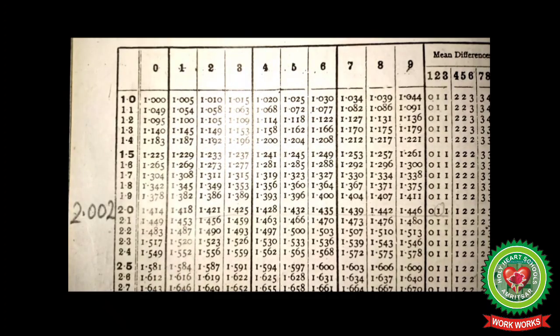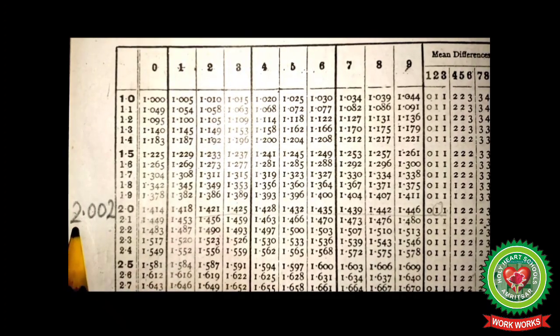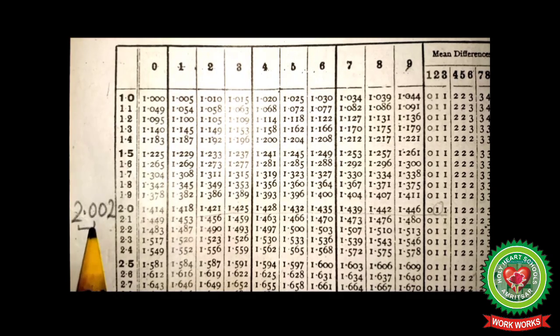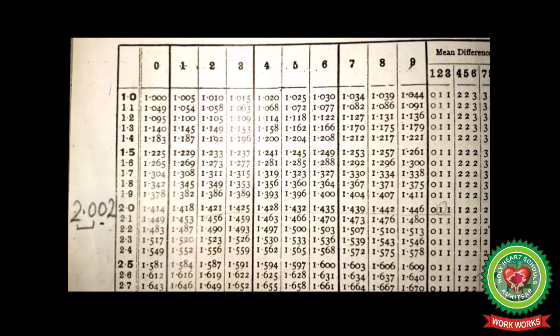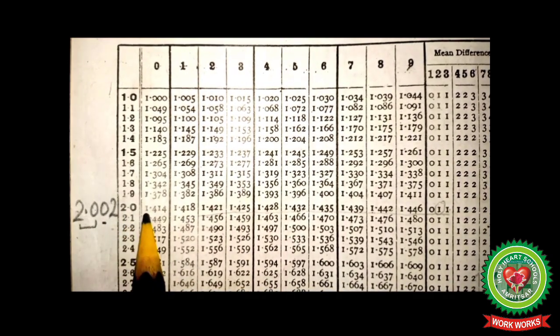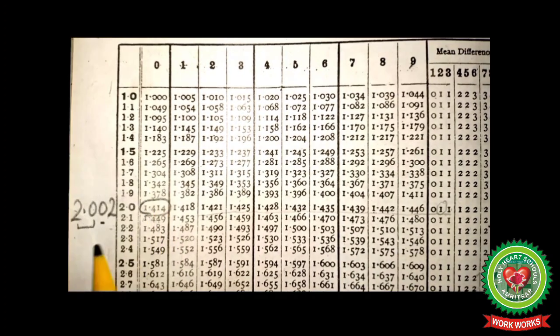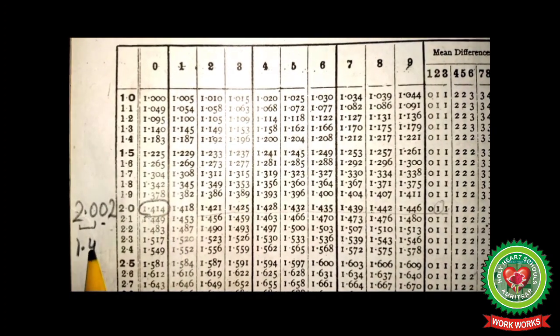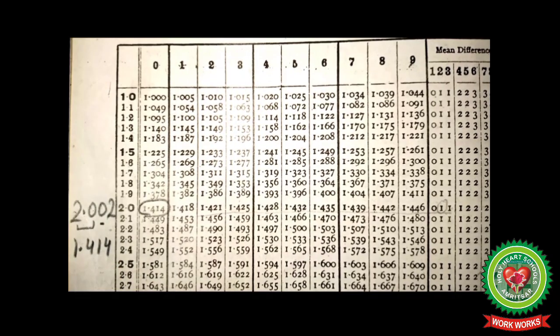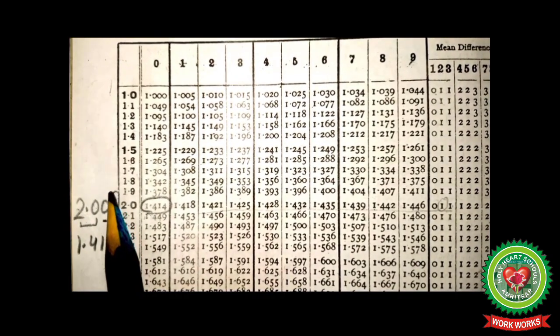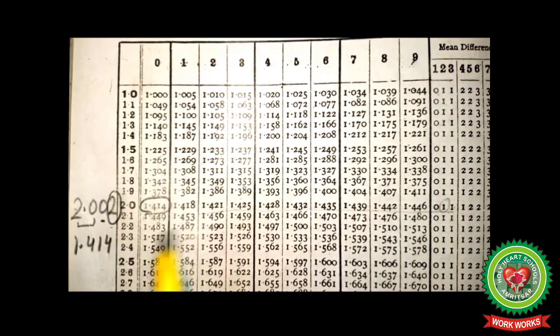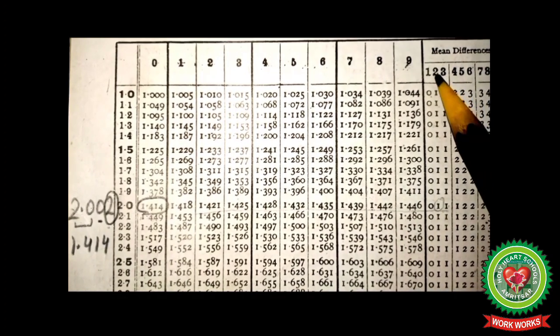If we have to find the square root of 2.002, we have to check from 2.0 till 0 first. So 2.0 till 0 value is 1.414. Now we have to check in the mean difference column for 2.